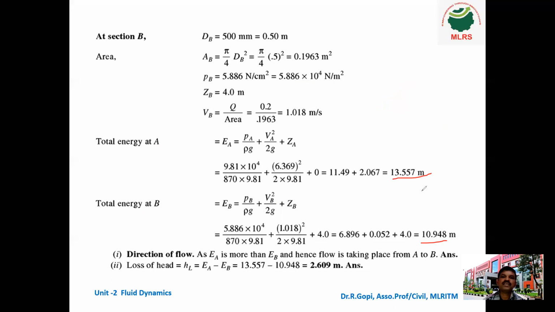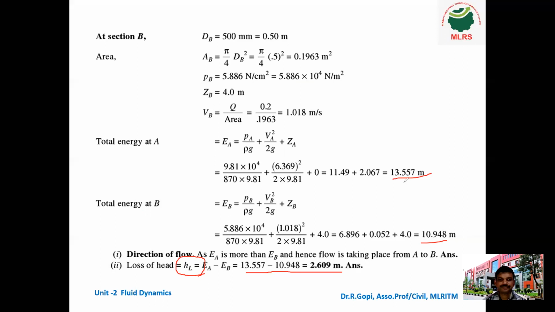Now tell me what is the difference? The difference is the loss of head, HL. So it is 2.609 meter. Okay, so next, direction of flow. What is the direction of the flow?